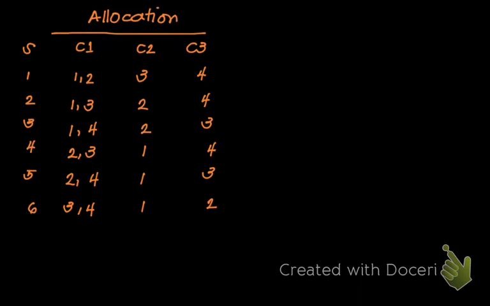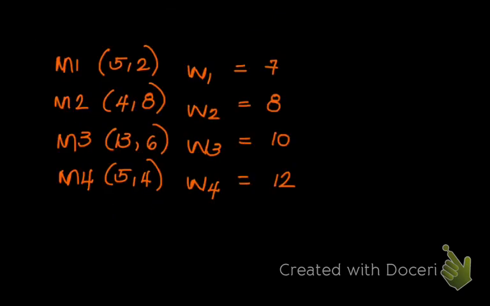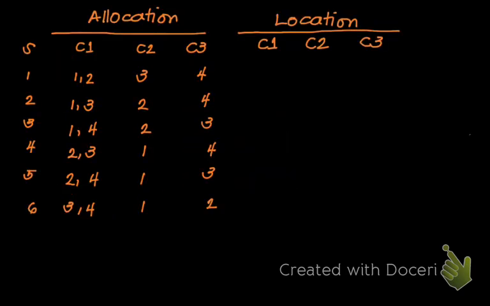And we need to know where the locations of these machines are. Based on our given information, machines 3 and 4 are located at (13, 6) and (5, 4). So, let's write (13, 6).